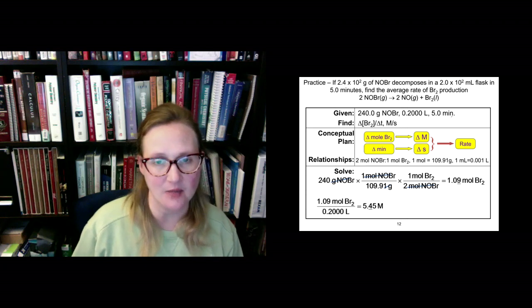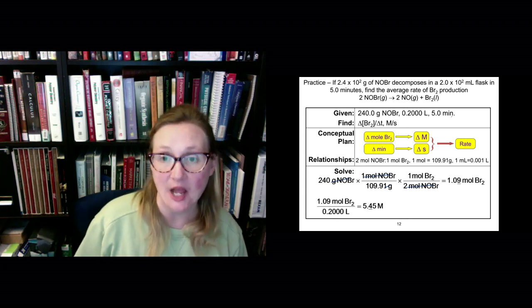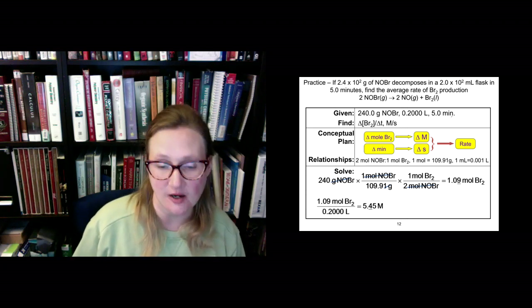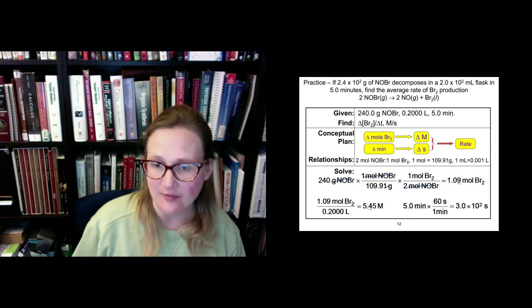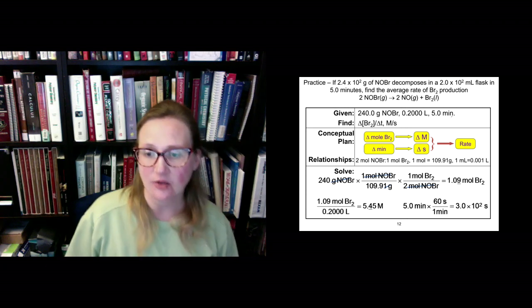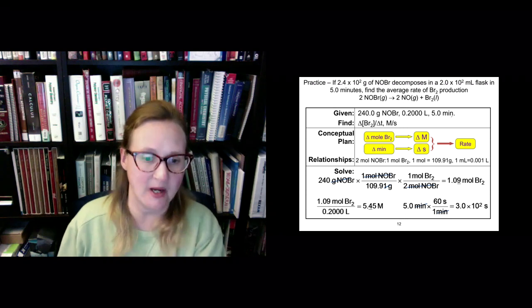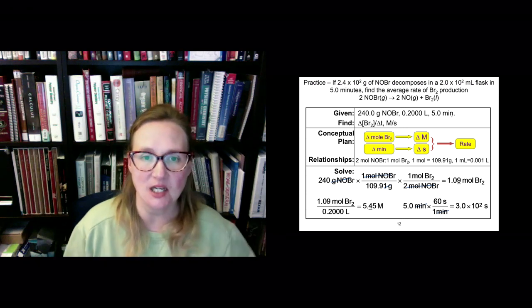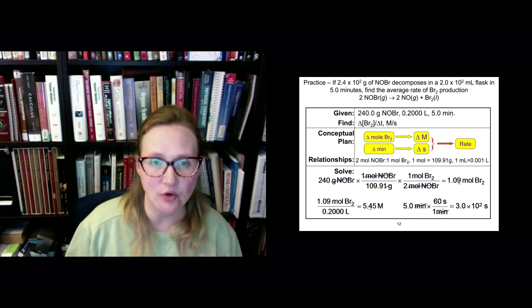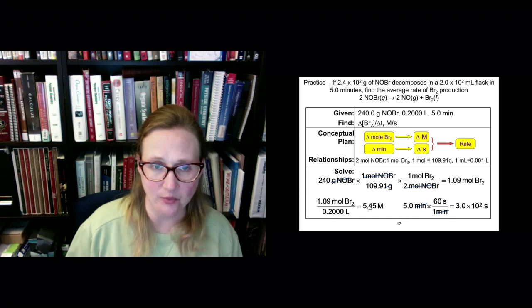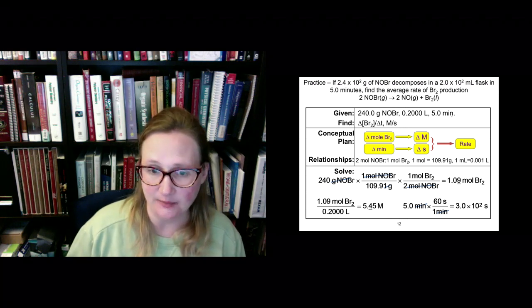But we're not done yet, because now we still have to determine how many seconds are in 5 minutes. So we take our 5 minutes times 60, and we get 300 seconds. Now we have everything we need to get to the rate of bromine production in molar per second.